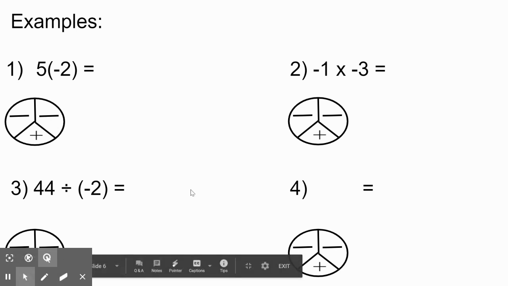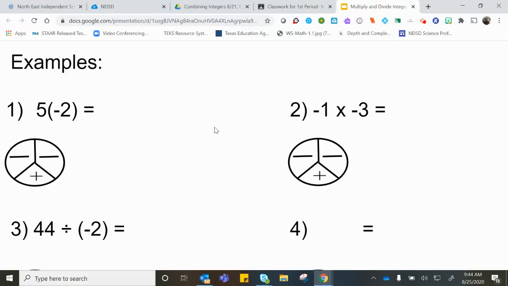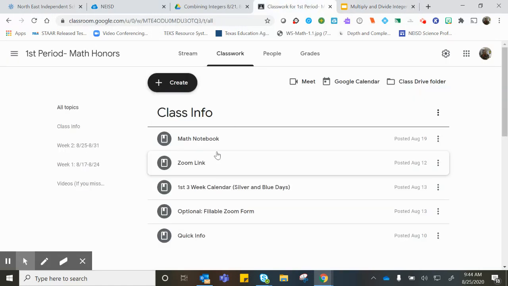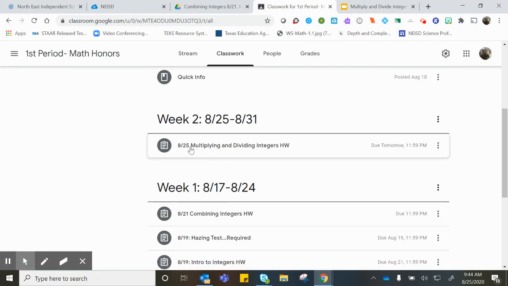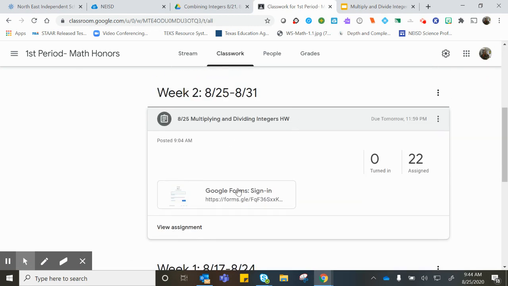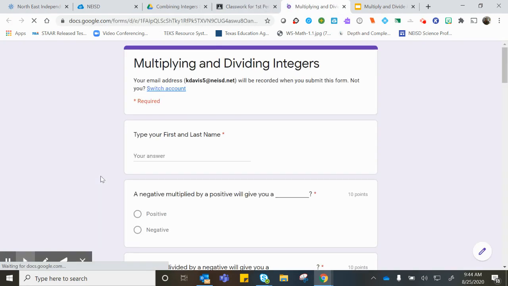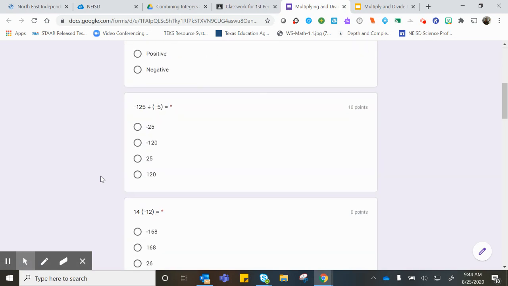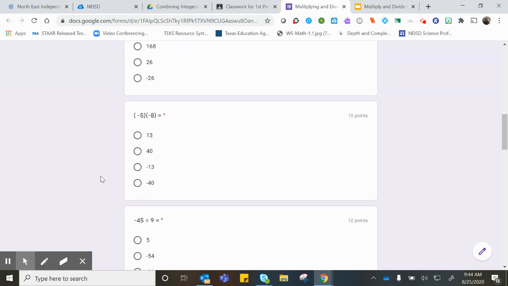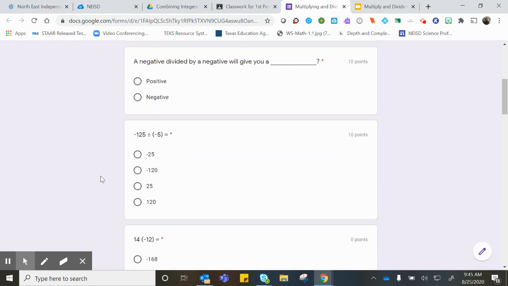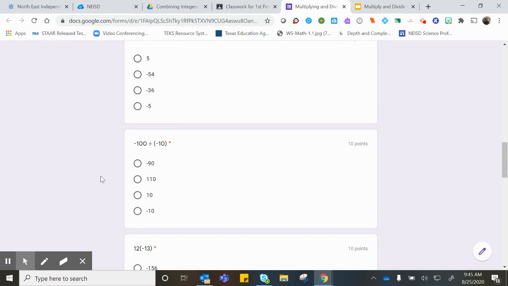All right, so let's talk about your homework assignment that will be due by the next class. So if you scroll down, all right, your homework is going to be multiplying and dividing integers. I would recommend getting a piece of paper, writing down the problems, and solving on your own.